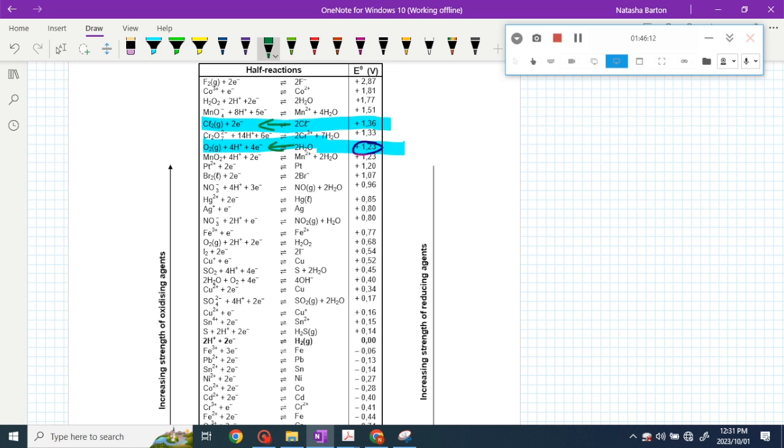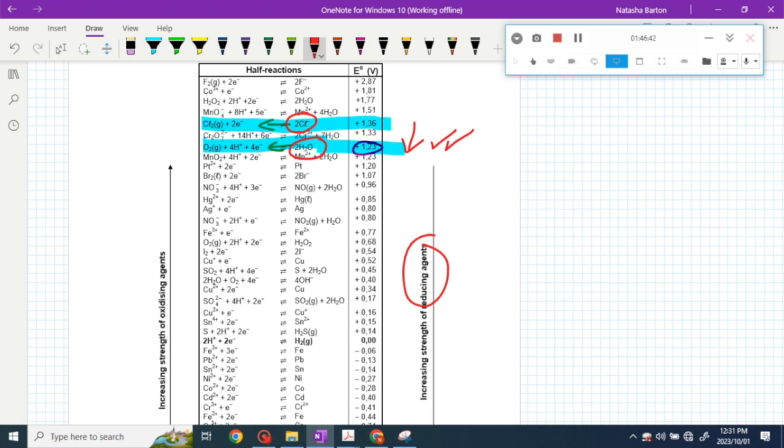Okay, so because we have all of these things, we need to compare. We need to compare water with chlorine. According to this table that I'm using, water is a stronger reducing agent than chlorine, which means that if one of these two things need to undergo oxidation, it would be the water.